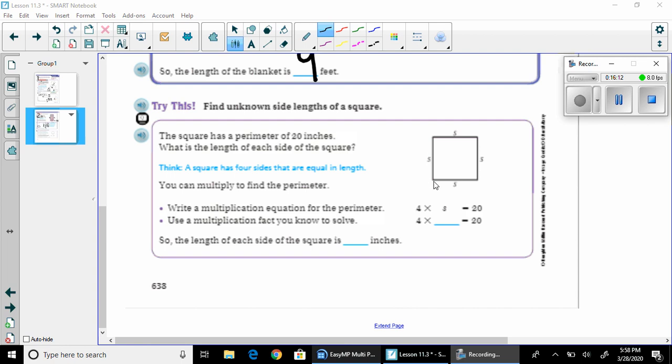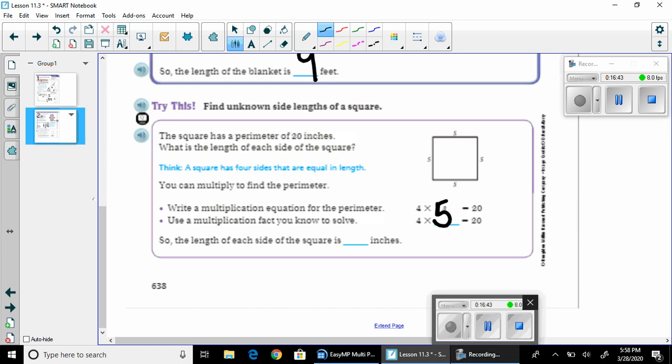Okay? So we know that a square has 4 sides, so I have 4 groups here. And I know that in a square, all sides are the same length and the same width. So they're the same all the way around, okay? So 4 groups of which number do we know is 20? And when you went ahead and already solved, you probably wrote down that 4 groups of 5 would equal 20.